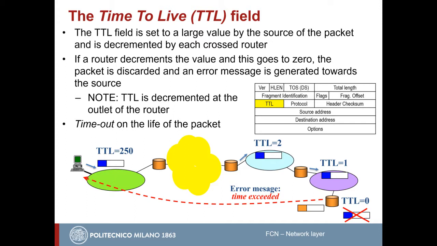Yes? This is not real time. No, it is just a maximum number of routers that the packet can travel through. Yes. In the past, time to live was related to real time. In the past, it was set to a value that I think was a time in milliseconds.